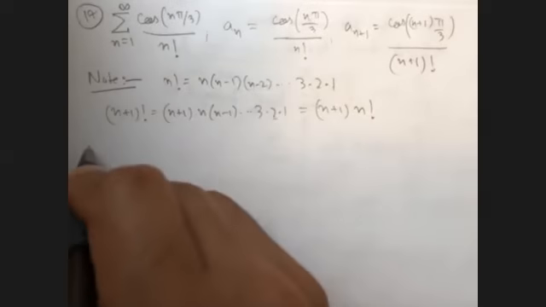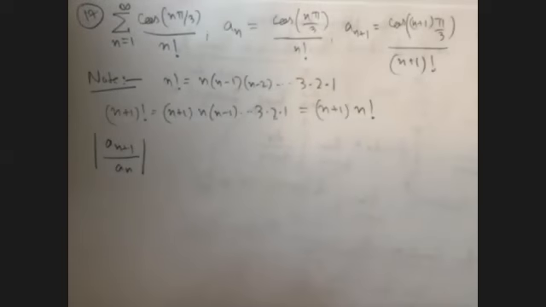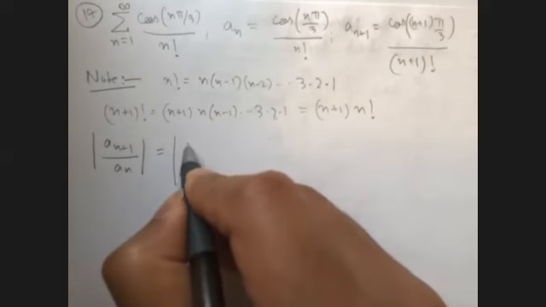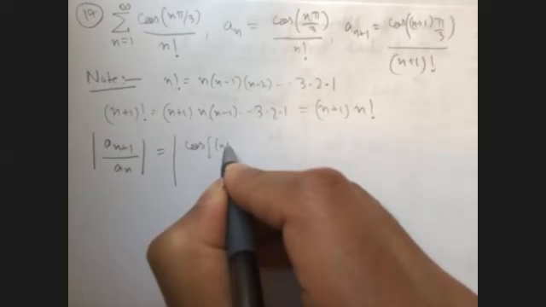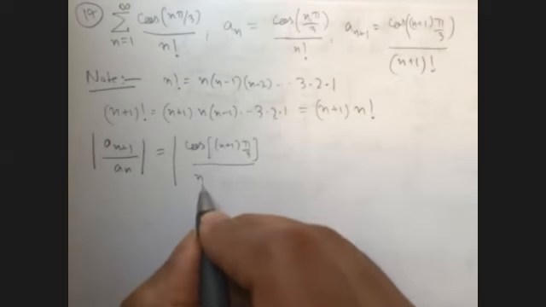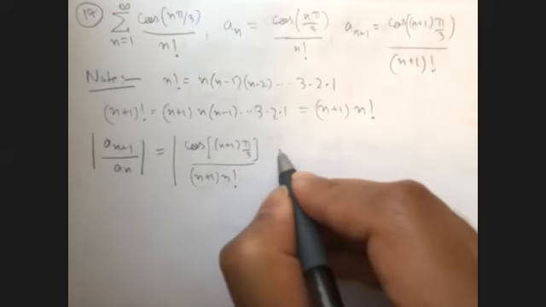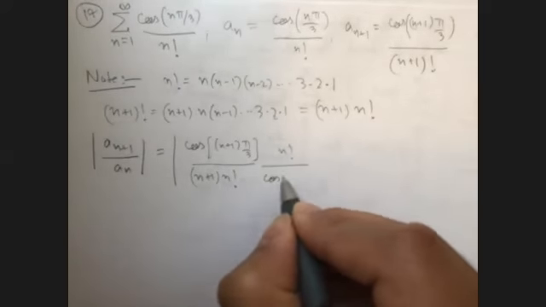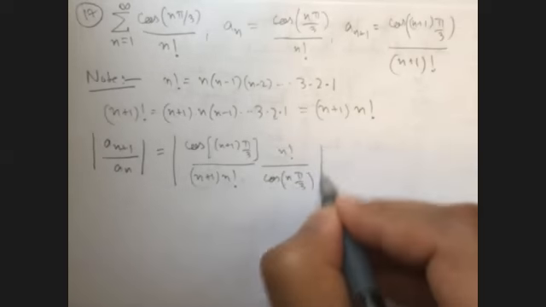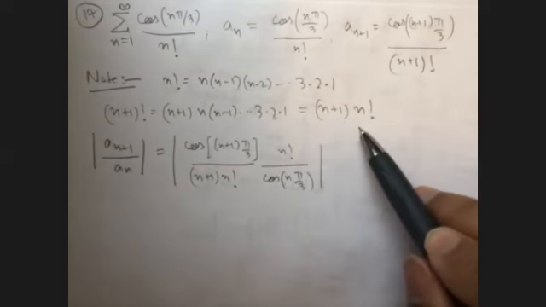Now let's write what is the absolute value. So here (n+1) factorial, I have written it like this.